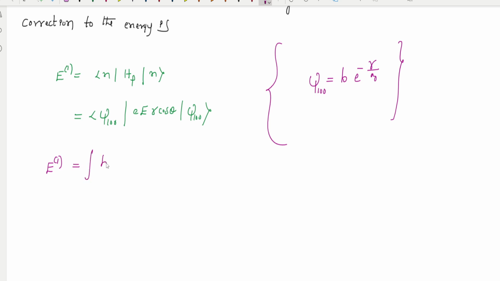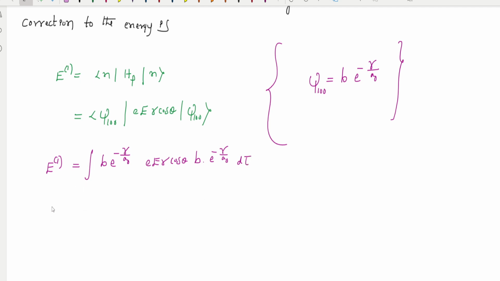Integral B e power minus r divided by a naught, E r cos theta, B e power minus r divided by a naught.